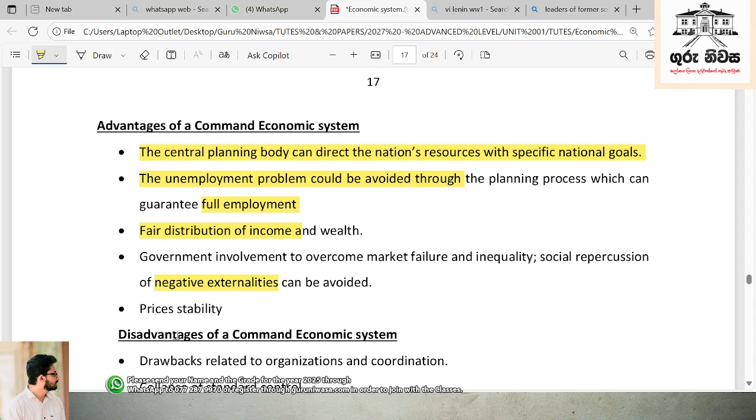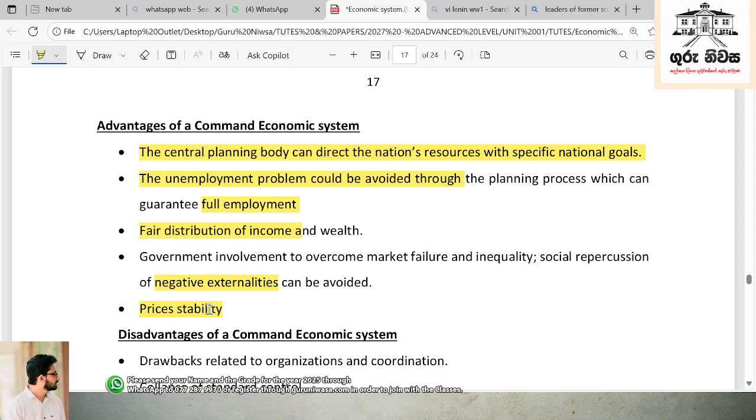Last one, price stability, because prices are controlled by the government. The example I told you last day, if I am not mistaken, Russia, there was a 1% inflation rate for 5 years. Wonderful.